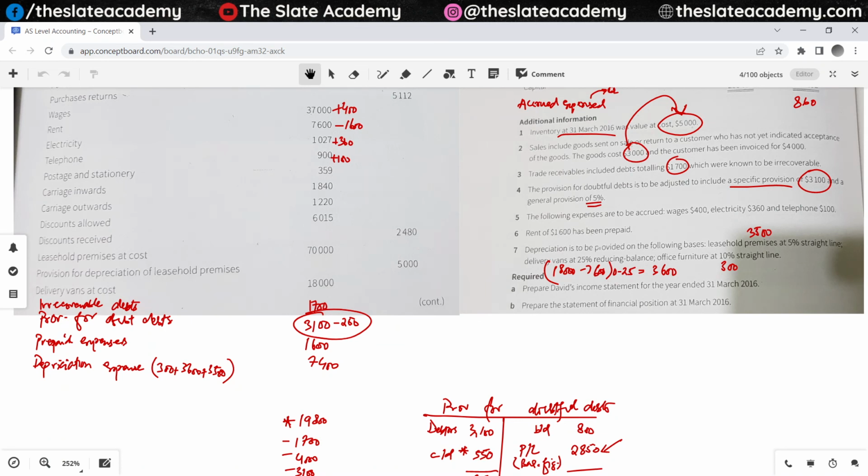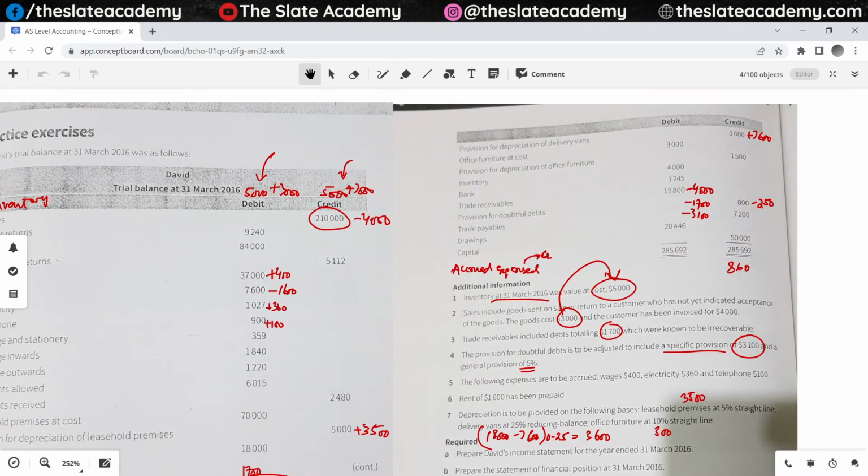So I add 3500 to this 5000, and then there is office for delivery vans. For delivery vans, it was how much? 3600, yes, 3600 for the delivery vans. So to the already existing 3600, I add 3600. And as for furniture, it is 300. So to this 1500, I will add 300.